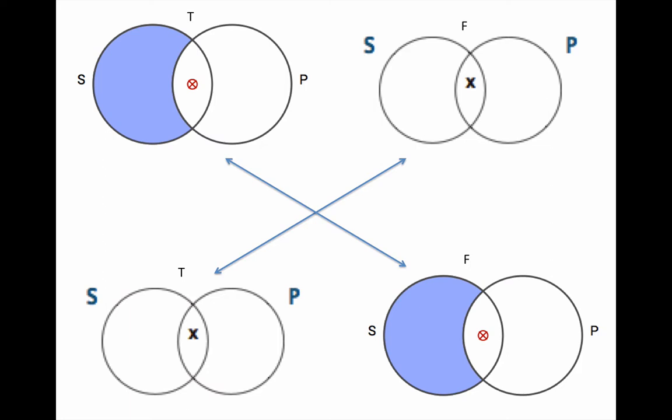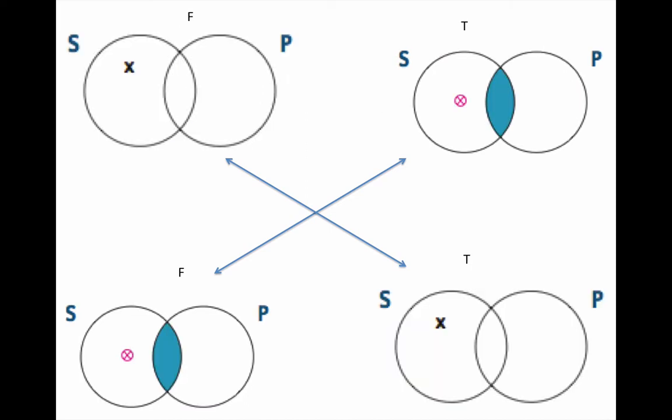That's because if there is at least one S that is a P, that means there is at least one thing in the overlap area of S and P. When the E proposition is true, that area is unavailable to anything. So we've looked at true A yielding false O and true I yielding false E.